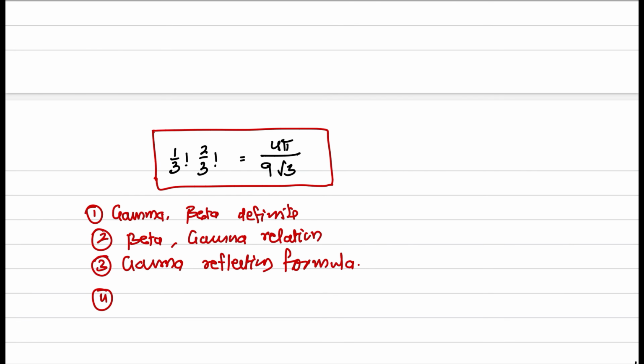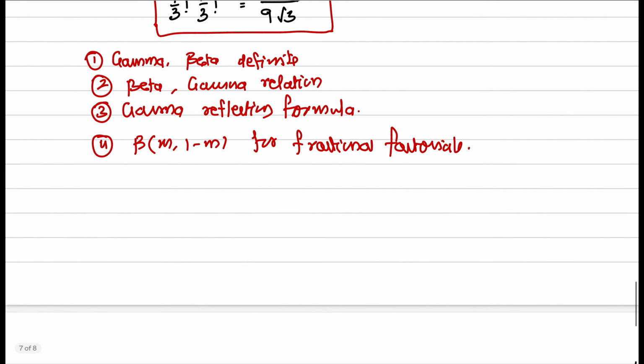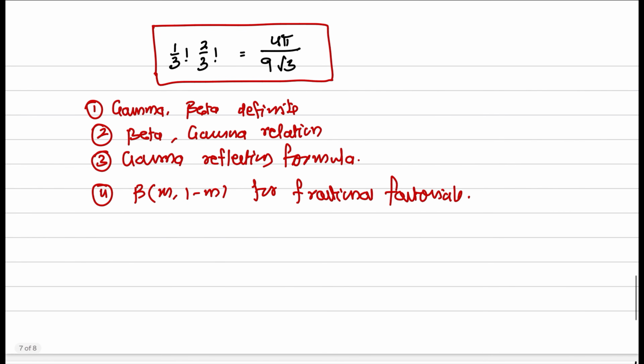And we have used the beta m, 1 minus m formula for fractional factorials. And we got the answer 1 by 3 factorial into 2 by 3 factorial is equal to 4 pi by 9 root 3.